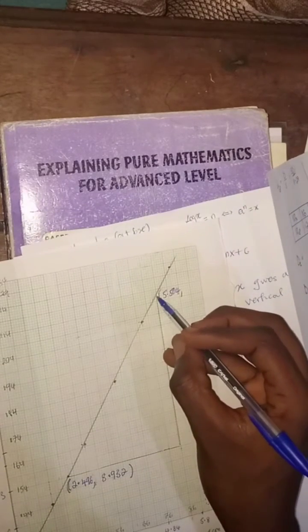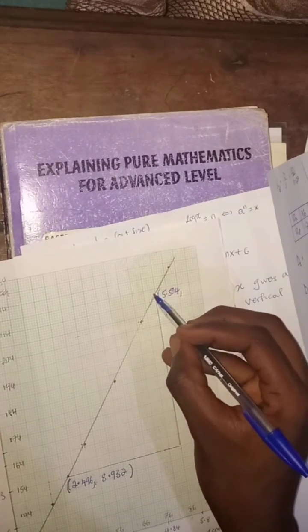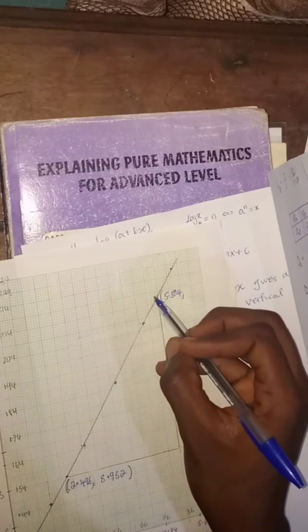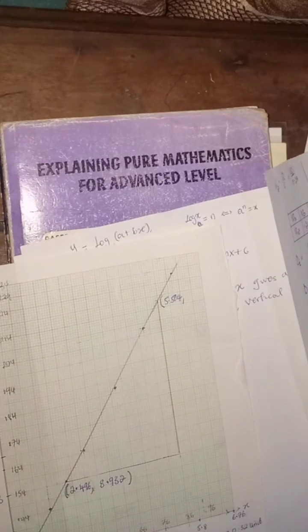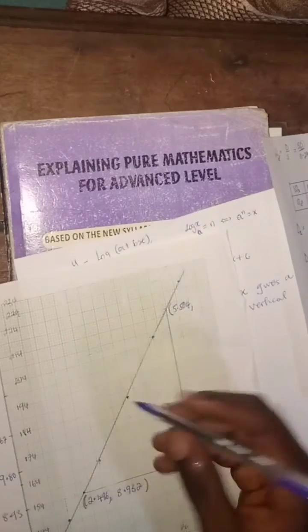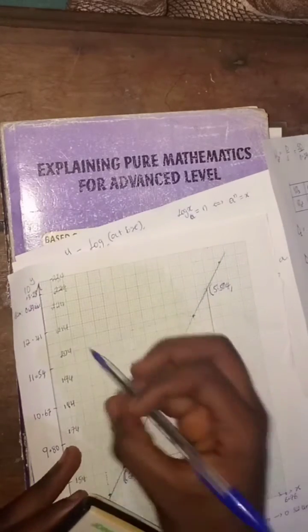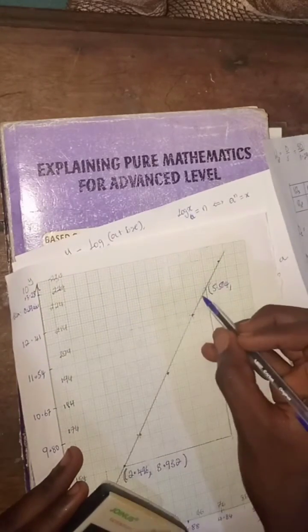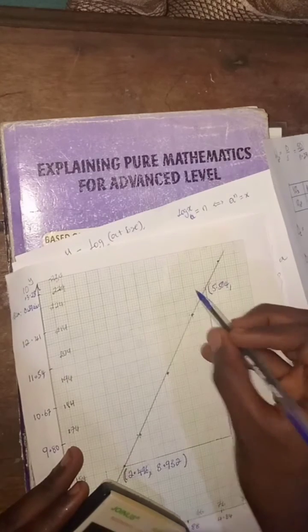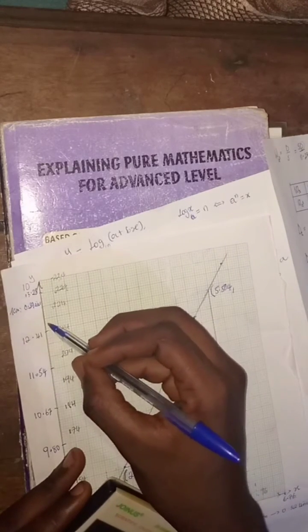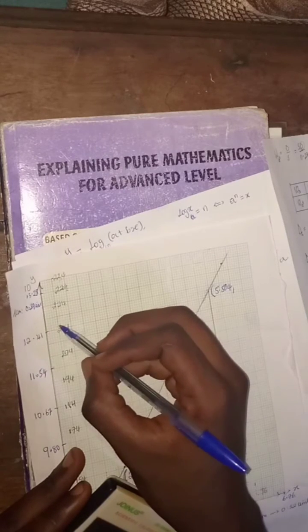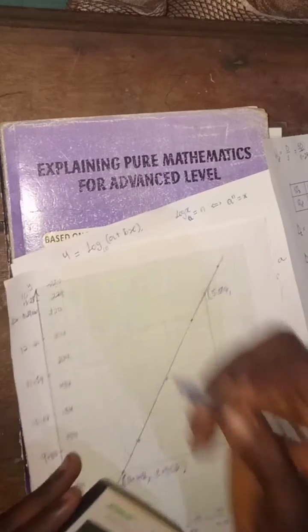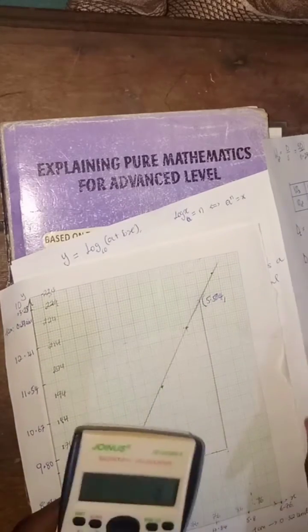If I project from here, this line meets here, right? I read off this line, follow it. Okay, let's proceed. If I read off this point here, the corresponding whole number part I meet on this axis. Let me see. 1, 2, 3. Let me follow. 1, 2, 3. This is 214, 215, 216, and 217, right? So 217 is the value I have there.